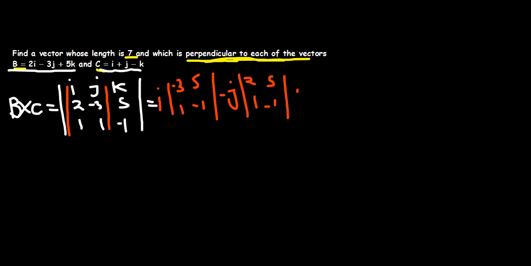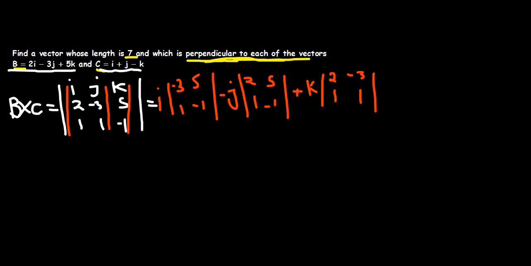And then we say plus k, and we cancel out the third column and the first row, so we are remaining with 2, 1, and then minus 3, 1, like this. And then from there we can calculate our cross product.